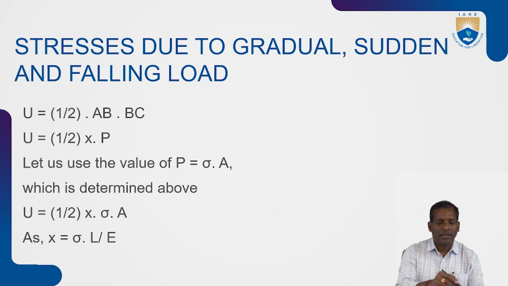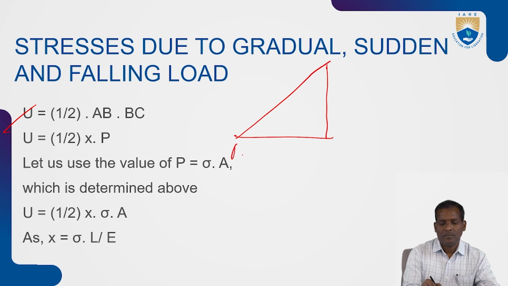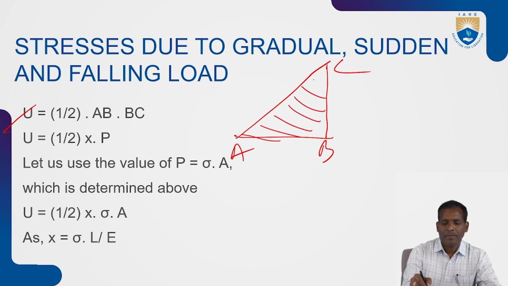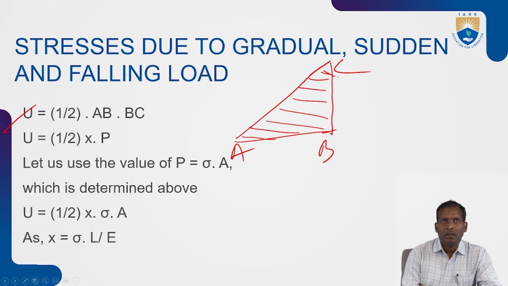So here in this triangle ABC, we have base AB and height BC.